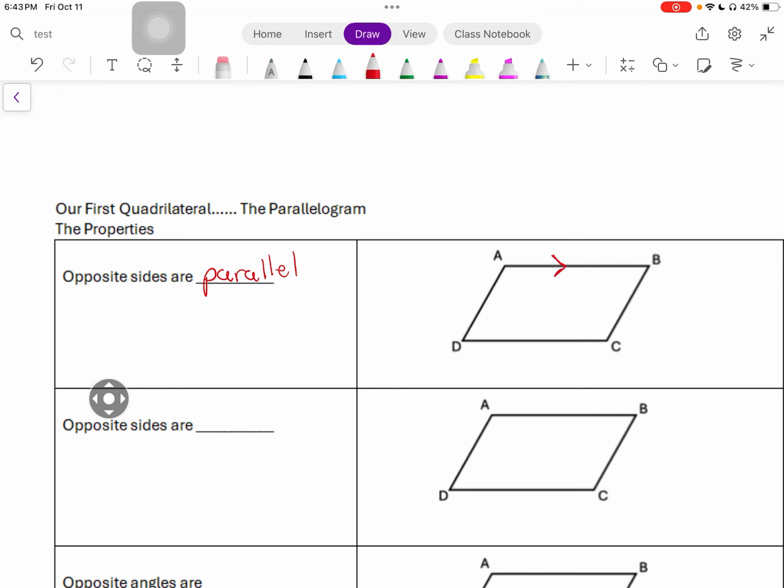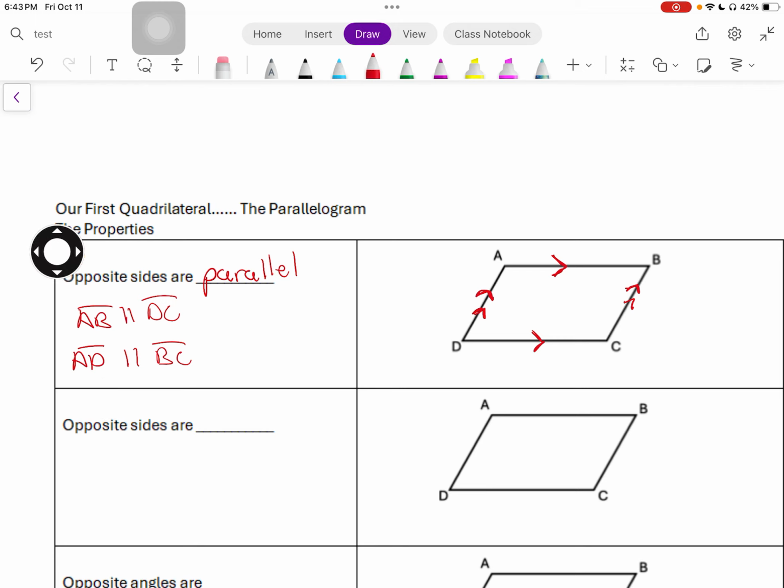So we know that this side is parallel to this side, and AD is parallel to BC. Now, if you want, you can write out what's going on in notation here on the side, if this is helpful to you. You may need it later on, but that's something we can do. That's our first property of parallelograms.